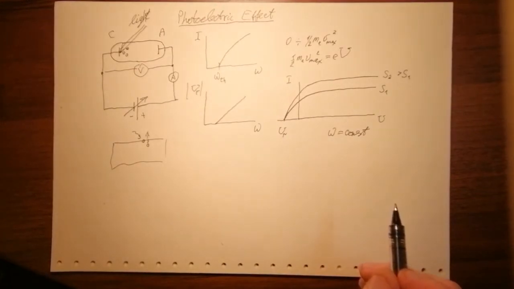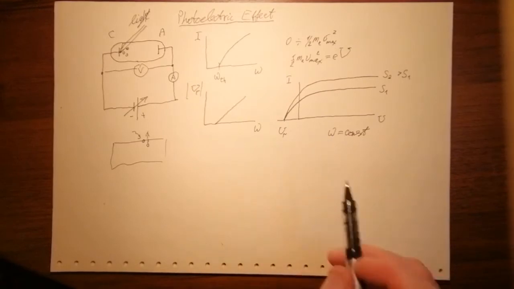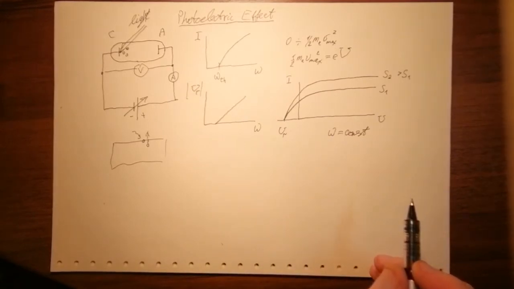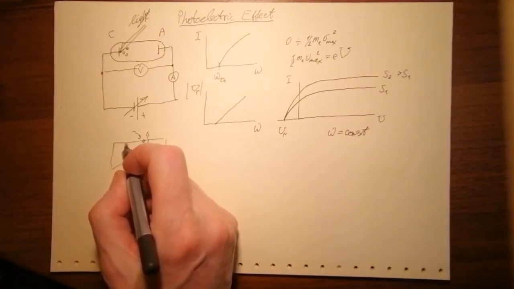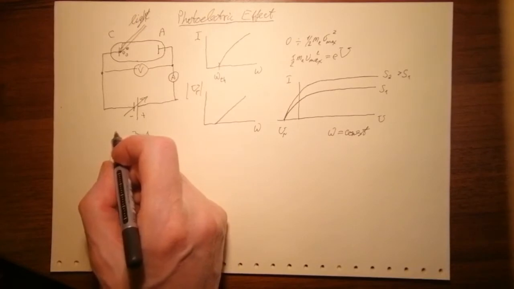From the classical point of view, the photoelectric effect can be explained. The problem is with these laws of the photoelectric effect. How can we understand the existence of the photoelectric effect in the framework of the classical approach? Here is some electron, and here is light.